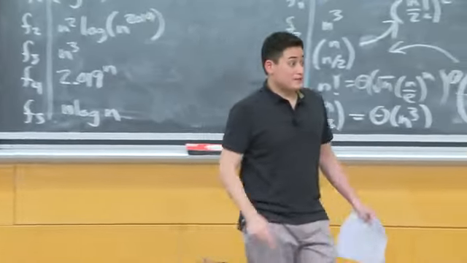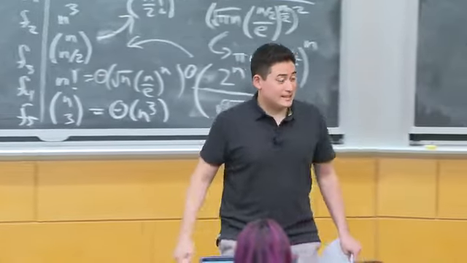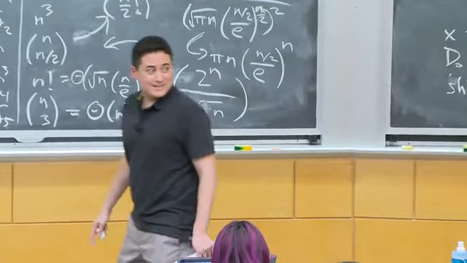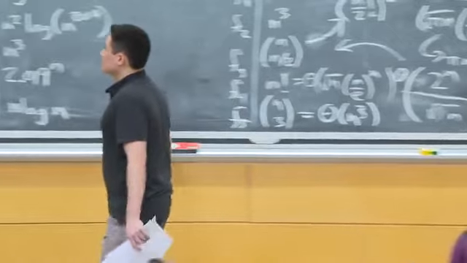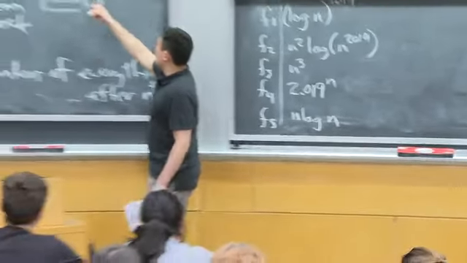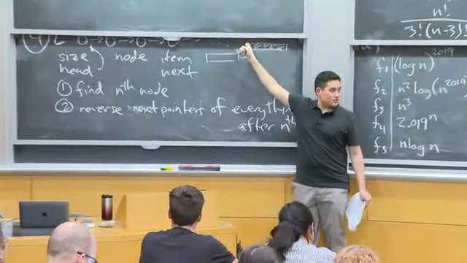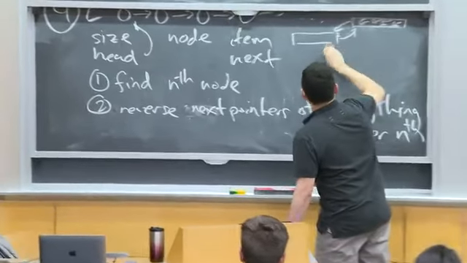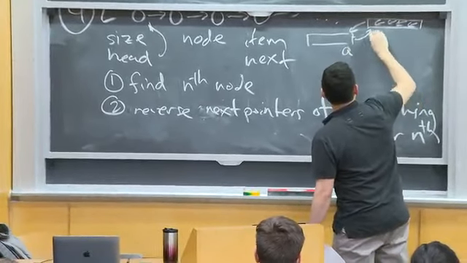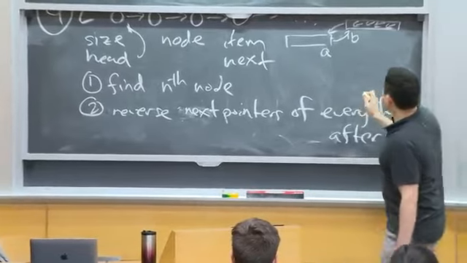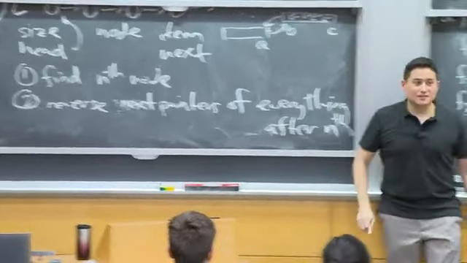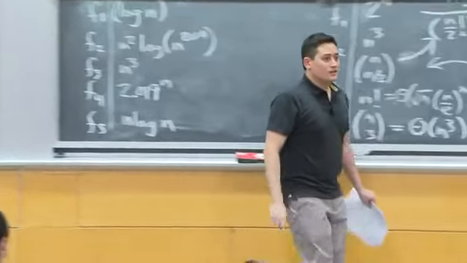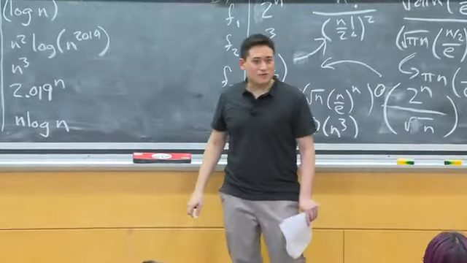Step 3 would be nullify the pointer of the nth node, because that's now your end. So this is my new end, right? I'm going to call this node A and this node B, and this node C. So tell me in terms of A, B, and C what I'm supposed to do.